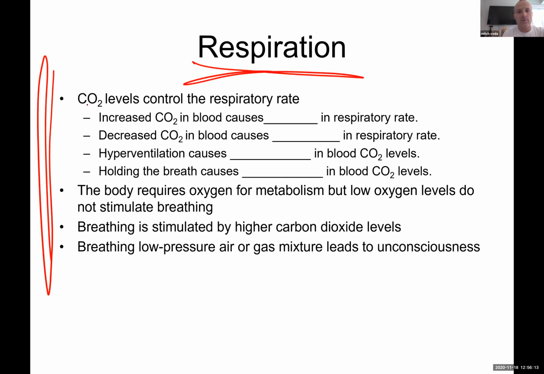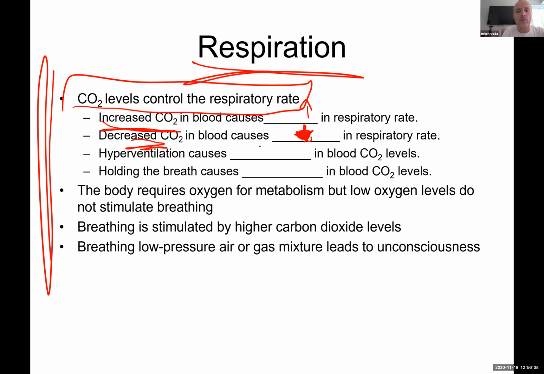As I mentioned earlier, CO2 levels control the respiratory rate. Increasing the carbon dioxide in the blood causes an increase in respiratory rate. Decreasing the carbon dioxide in the blood causes a decrease in respiratory rate. And if you have any questions, ask me. I think we do this week.